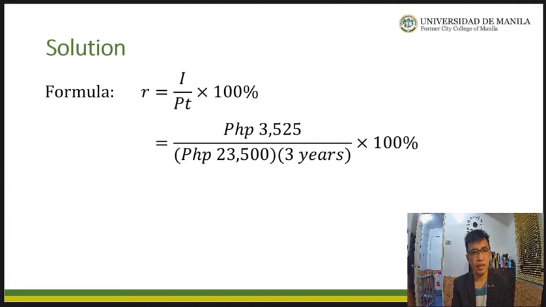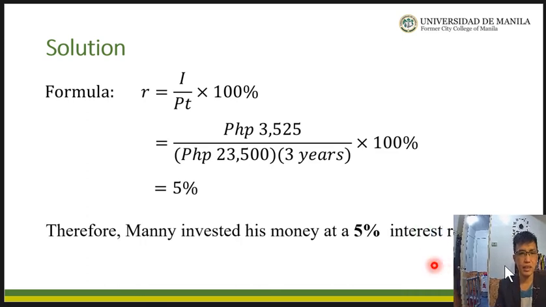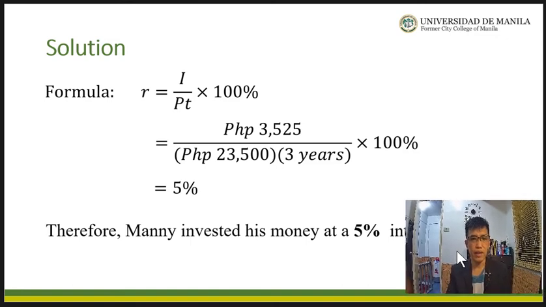And kung ako sa inyo, if you're going to use your calculator, diretsahin nyo na yan. Okay? Then tsaka kayo mag-multiply. Doon kayo sa final answer, round off into 2 decimal places. And we can see here that the rate of interest that money invested is at a 5% interest rate. Okay?